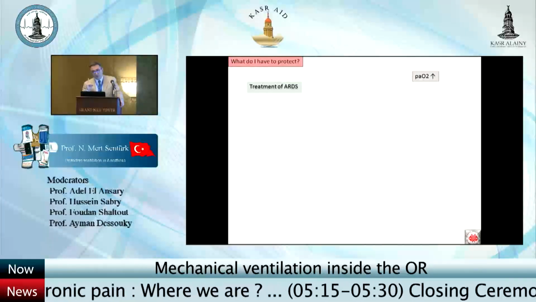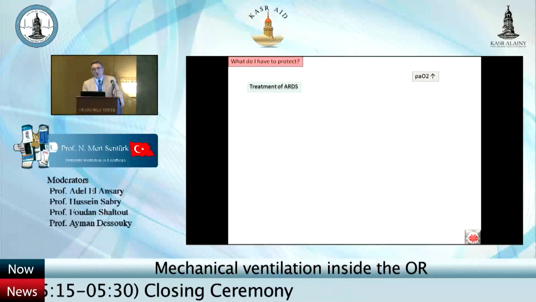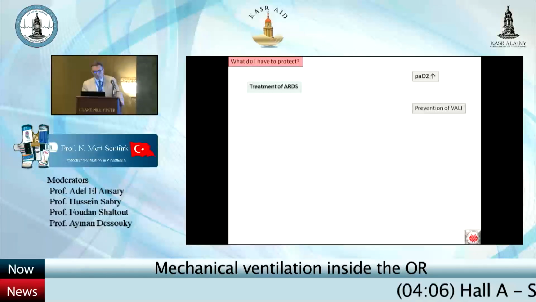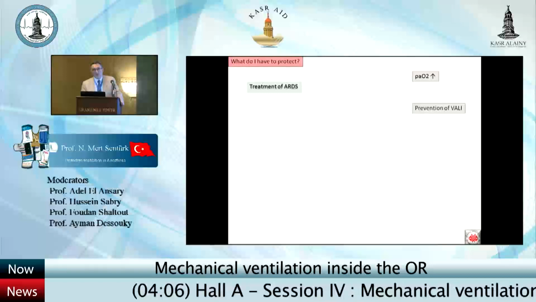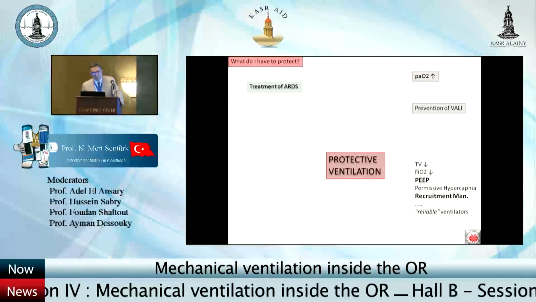For a successful treatment of ARDS, we have to find some way to increase the oxygenation and also prevent ventilator-associated lung injury. And the solution for this question was not only the mechanical ventilation, it was a protective ventilation.